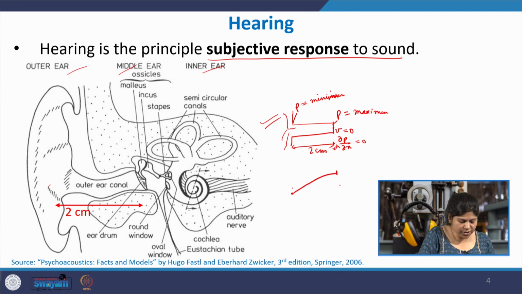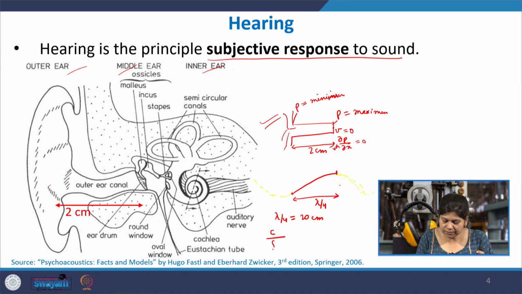Now, if you think about the overall waveform, suppose this is a complete sinusoidal wave, this part is a quarter of the wavelength, lambda by 4, and this lambda by 4 is 2 centimeters. If you solve it, lambda by 4 equals 2 centimeters, lambda being c by f, so c by 4f is 2 centimeters, taking c as 343 or 345 meters per second.